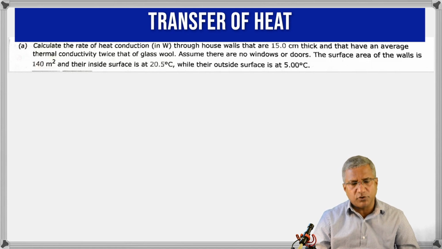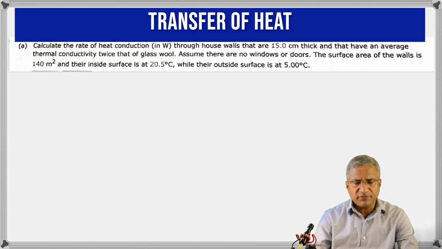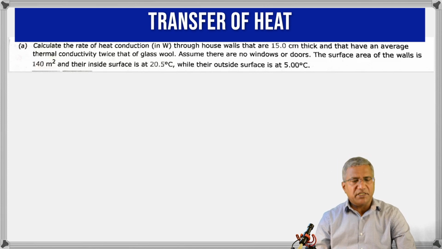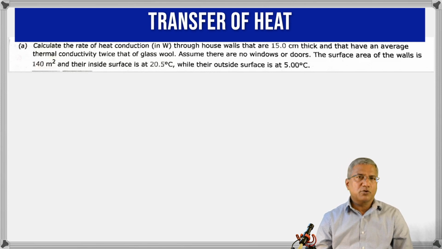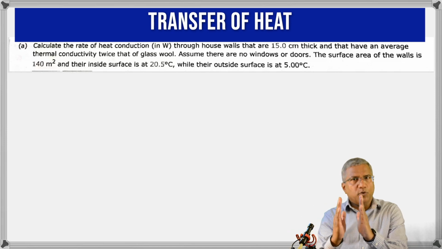Assume there are no windows or doors, so you only have that brick. The surface area of the walls is 140 meters squared. Inside surface is at 20.5. The outside is at 5. Is it summer or winter? I mean, not now, but in the problem. I think it's winter because the outside surface is at 5. So heat is escaping from the room to the outside through the brick walls.